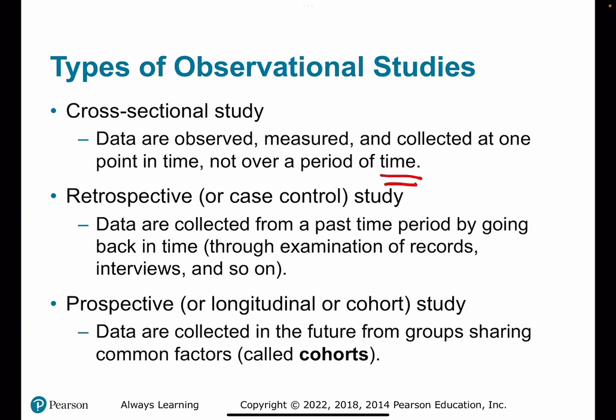So retrospective study is when we collect data from the past using historical records, things like that, past video clips or whatever. Just look into the past and collect data from there. And so that's retrospective. And then prospective is where we look into the future. And so we come up with some sort of method to collect data from future groups that share common factors here called cohorts.